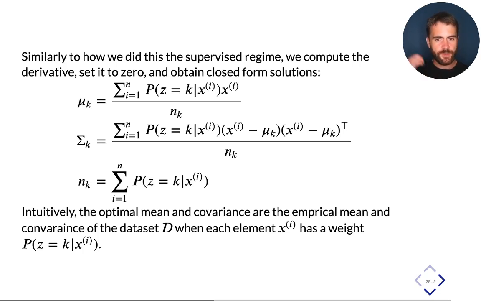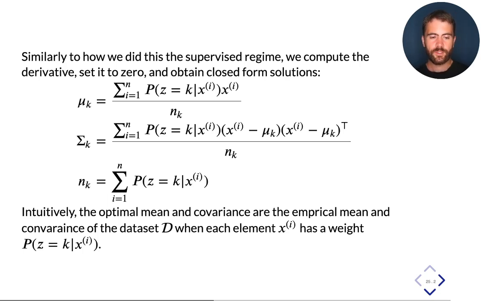That should be fairly easy. But you should also be able to convince yourself that this makes sense, because when we fit a Gaussian distribution to data that is unweighted, our best guess of the mean and the variance are simply the mean and the variance of the data.